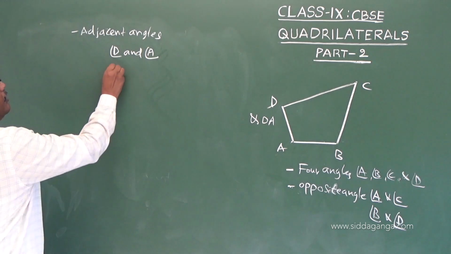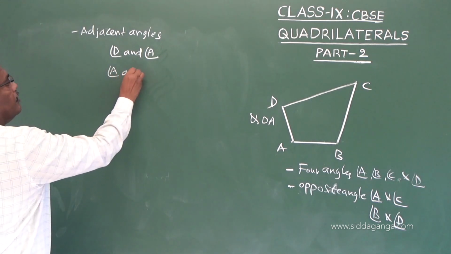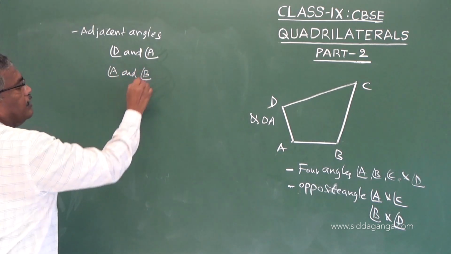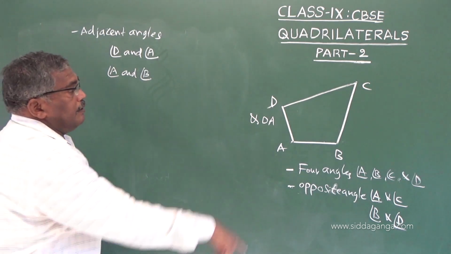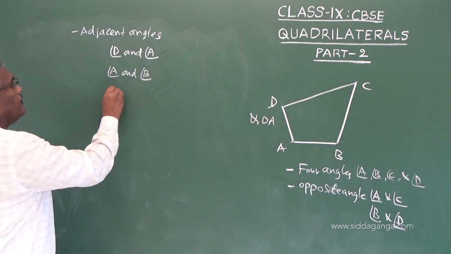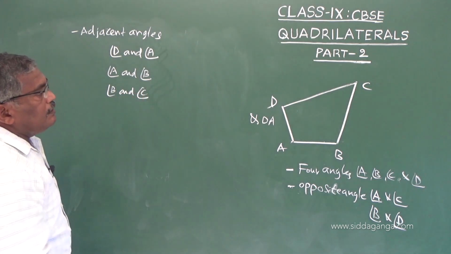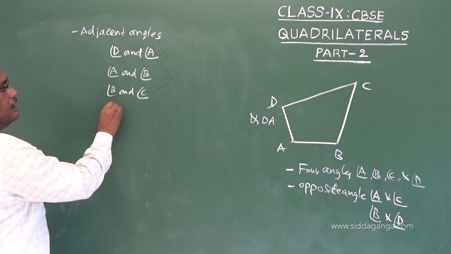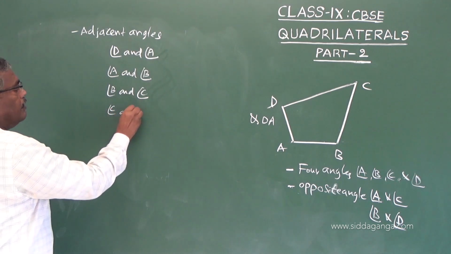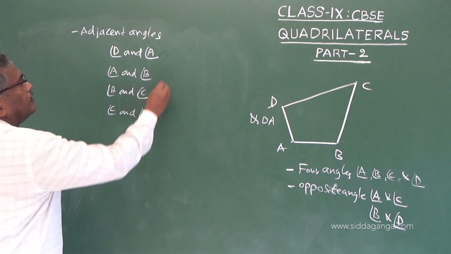A and B are adjacent. B and C are adjacent. Similarly, C and D are adjacent.